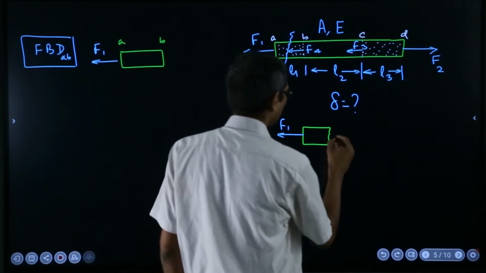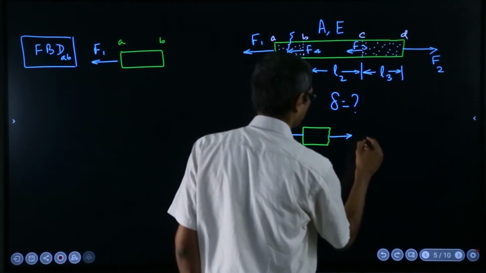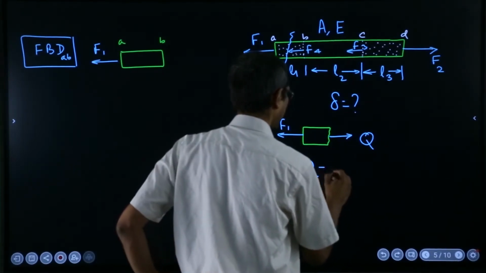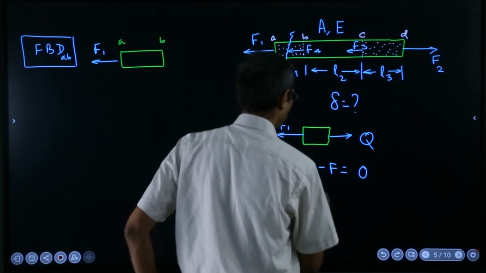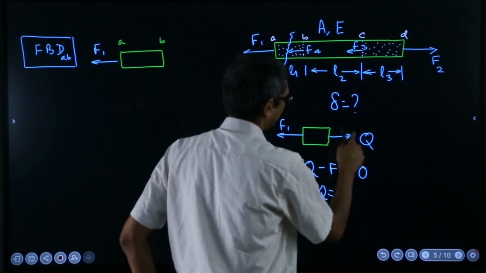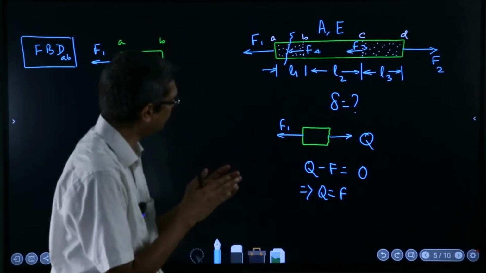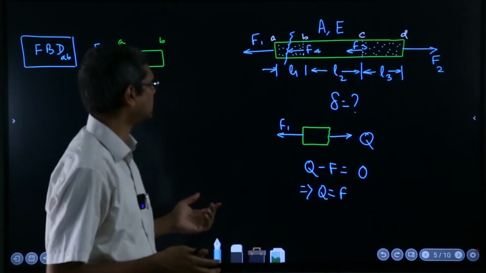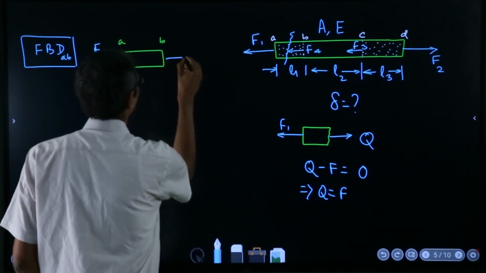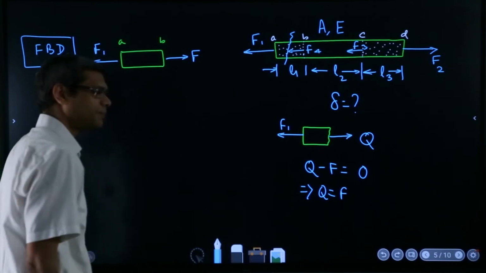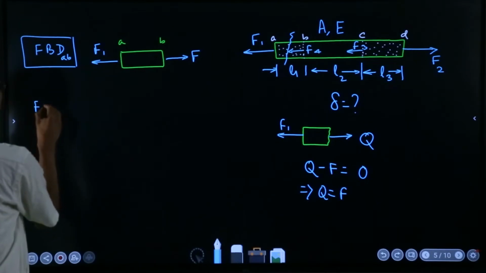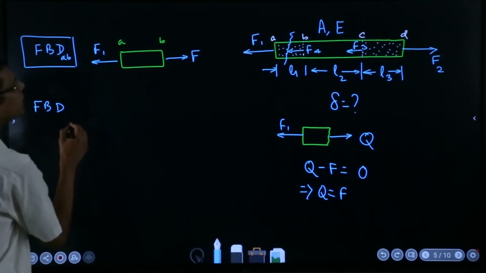So suppose this is some force, say Q. Now Q minus F has to be 0, which implies Q has to be equal to F. All the way till the point you go to the section B, the force is F. So that means here you should apply F.